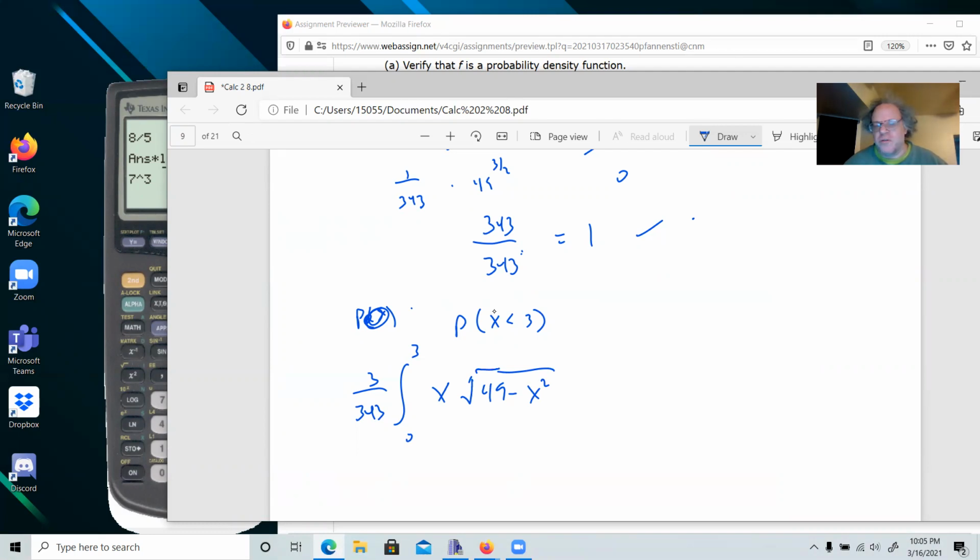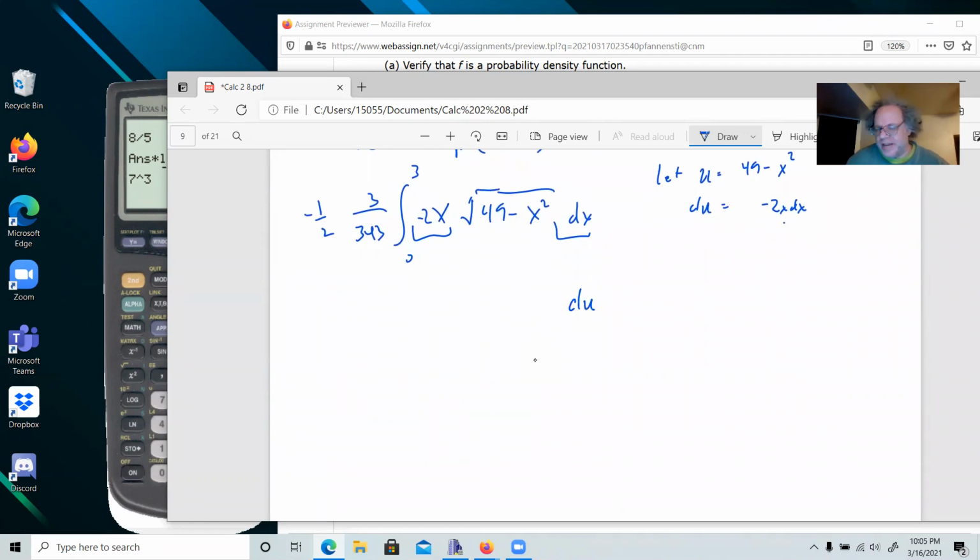Again, we're just going to go through the same little business that we just did before. Let u equal 49 minus x squared. du is equal to negative 2x. So negative 2 here, negative 1/2 out here. Negative 2x dx is a du.